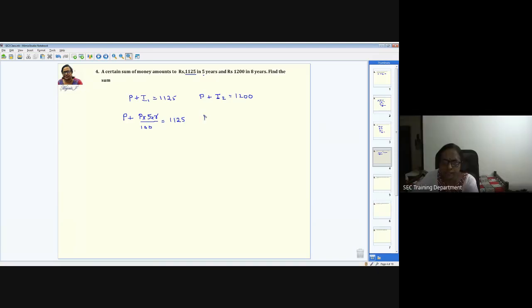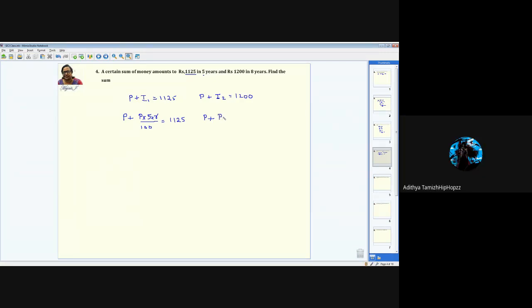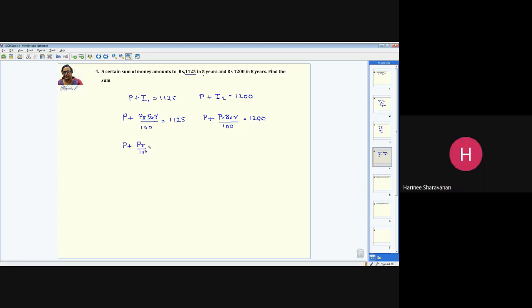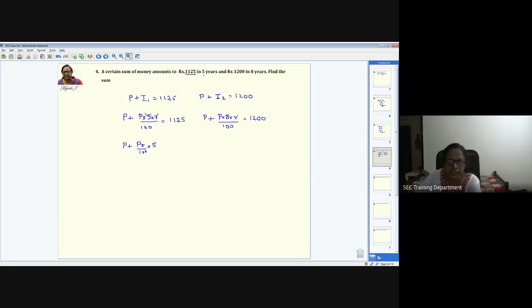Similarly, here we have the same principal, but what will be this one? I2. P into 8 years, 8 into the same rate of interest R divided by 100. That should be 1200. Solve it. So it's going to be P plus, we'll keep it as PR by 100 itself, because let us consider that as a separate variable because it's going to be same here also. 1125.